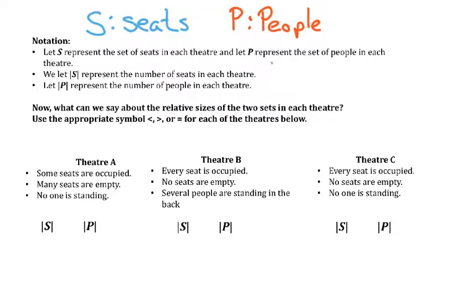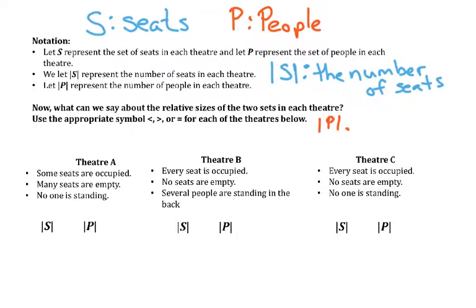If I write S with these two bars around it, it sort of looks like an absolute value sign. This denotes the number of seats. If I do that with P, well, that would denote the number of people.